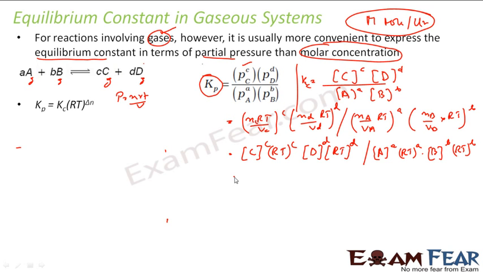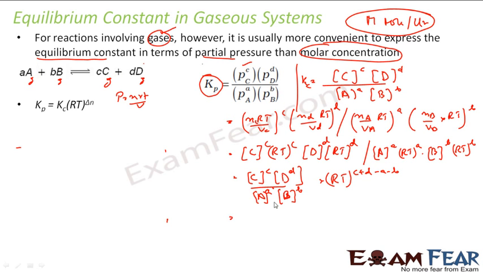So if you see this, if you take this factor now, it will be concentration of C to the power c, D to the power d, divided by A to the power a, capital B to the power small b, into RT to the power, if you take the constant, c plus d minus a minus b, correct?